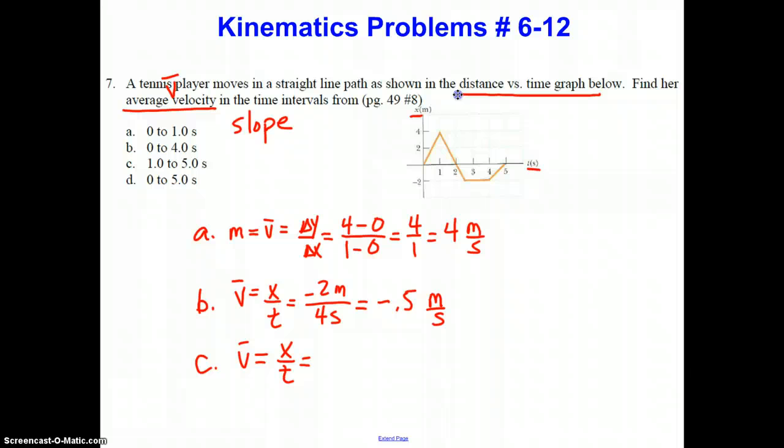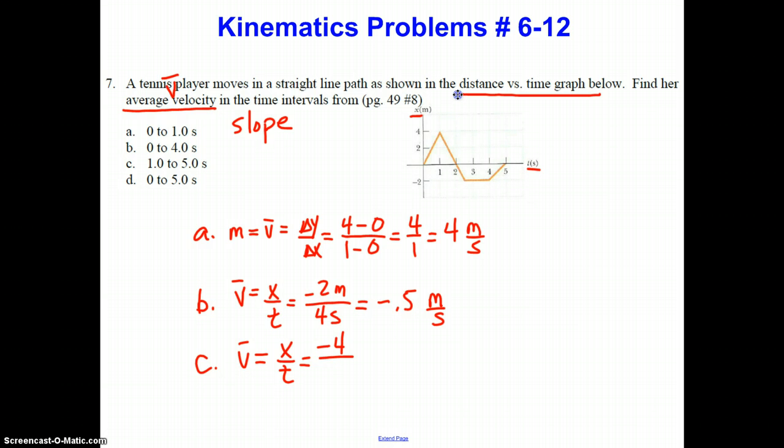So our displacement here, from 1 to 5 seconds, started out at 4 and ended up at 0, would be -4. Final minus initial. Your displacement is where you end up relative to where you started from.